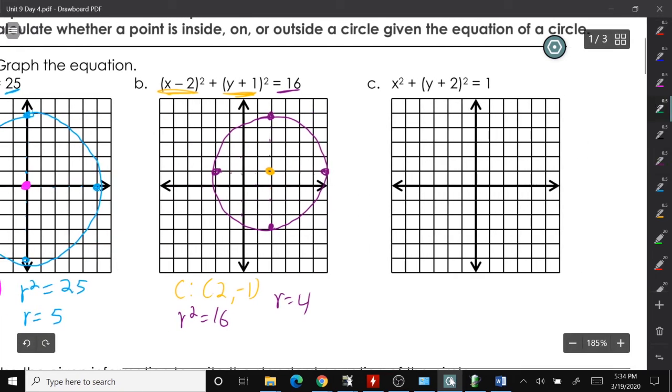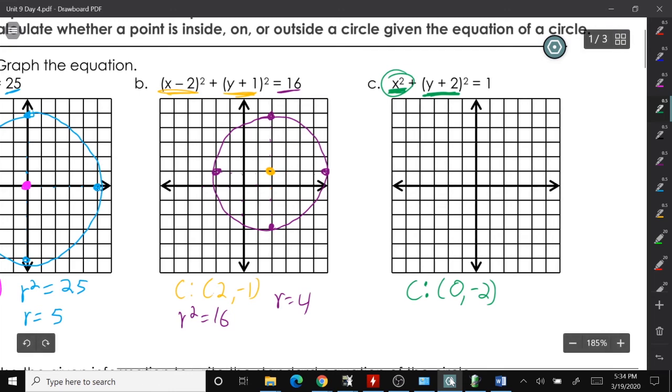Then example C, okay, there's no pluses or minuses or parentheses with the x, so this x coordinate of the center will be 0, comma, negative 2, because we see plus 2 in our parentheses. So there's our center. Now r squared is equal to 1.